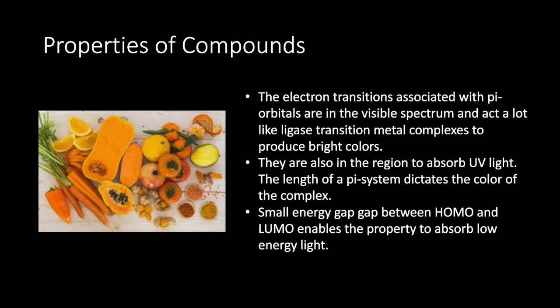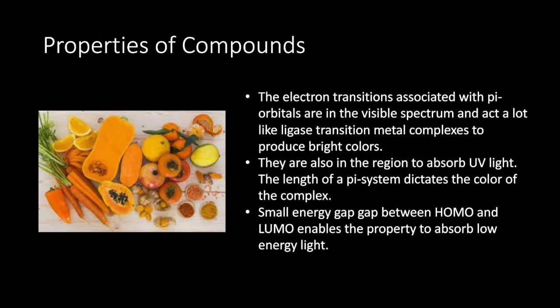Okay, so when you set up any kind of molecular orbital, starting from groups of atomic orbitals, you'll create a series of energy levels. The gap between those energy levels can be calculated depending on the structure, and that gap dictates any kind of transition between energy levels.